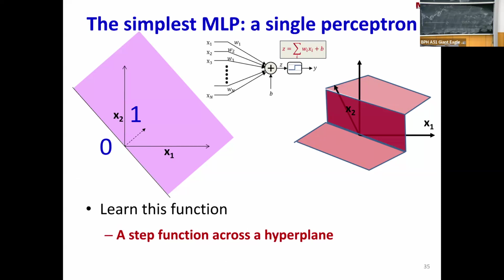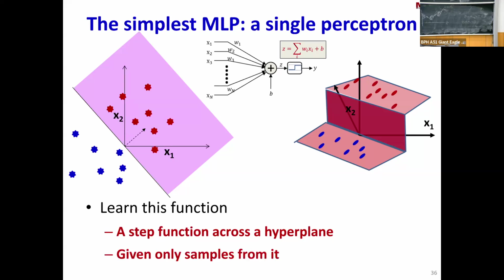Now, this is the function that we would like to learn if I'm just learning the simplest classifier, a network of just one unit. So when I'm speaking of learning this function, what I'm really speaking of is learning the weights and the threshold. Except you're not really going to be given the entire function. All you would be given is a bunch of training samples of this kind, some collection of inputs where for some inputs the output is 0, and for other inputs the output is 1.